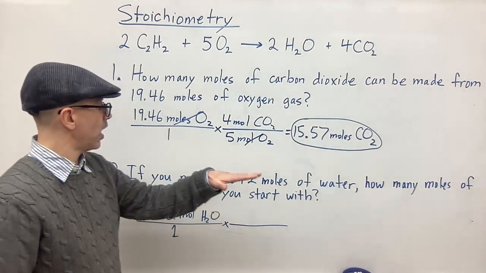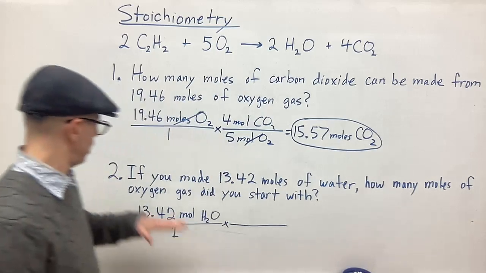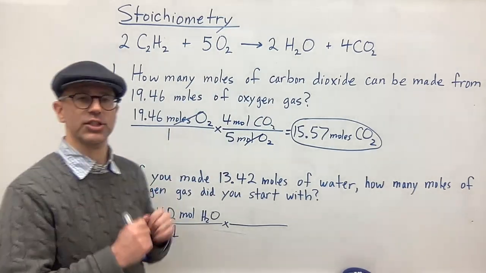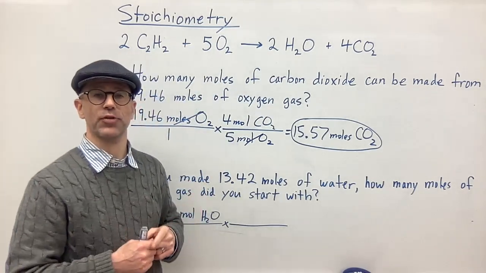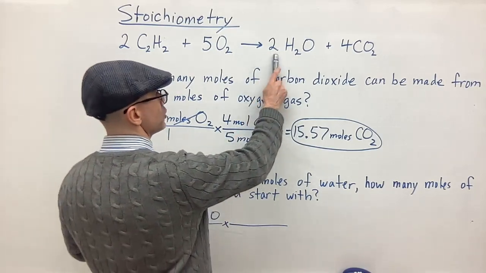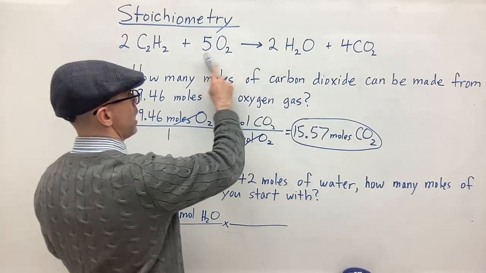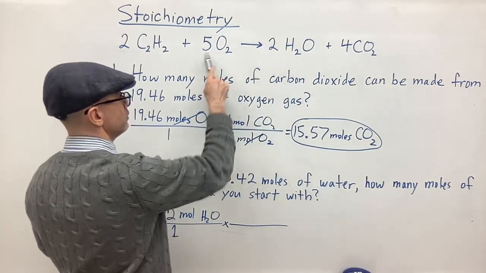And so they want us to go from moles of water to moles of oxygen. So water and oxygen is what we're looking at. So we want to look at the coefficients for water and oxygen. So here the coefficient is 2 for water and 5 for oxygen. So it's a 2 to 5 ratio, 2 moles to 5 moles.